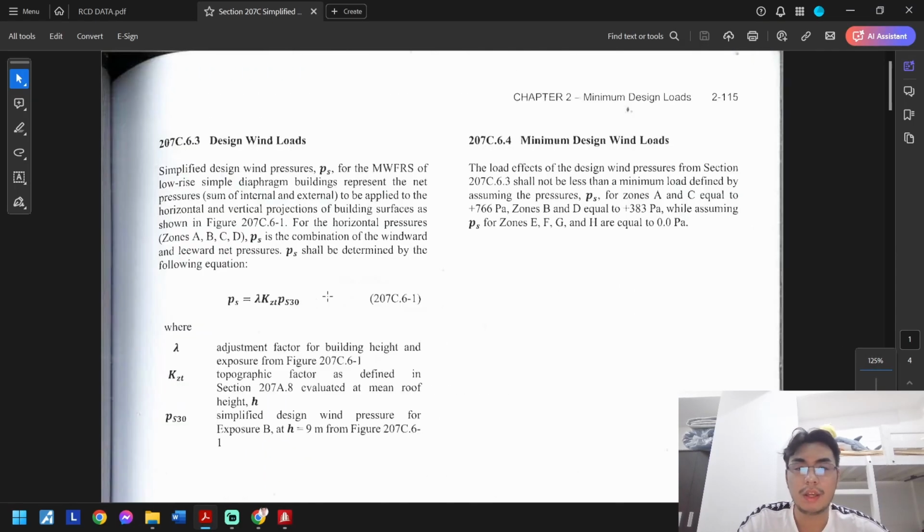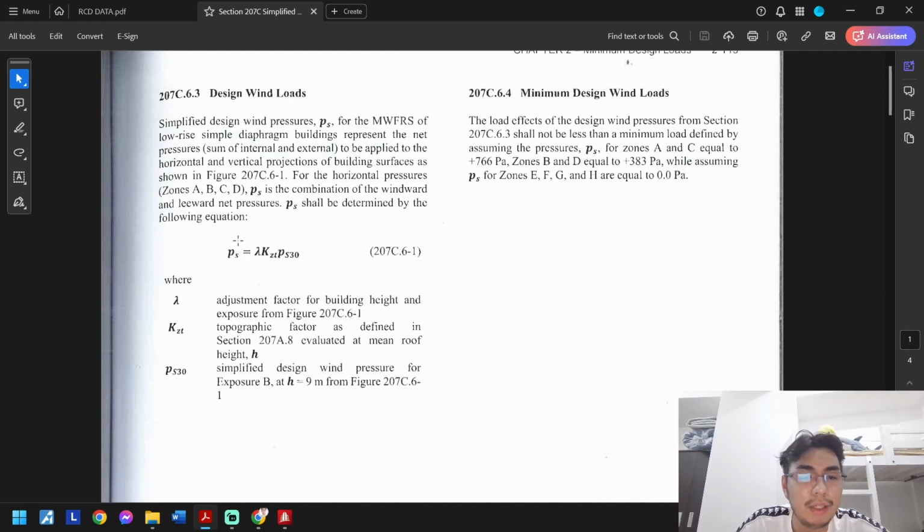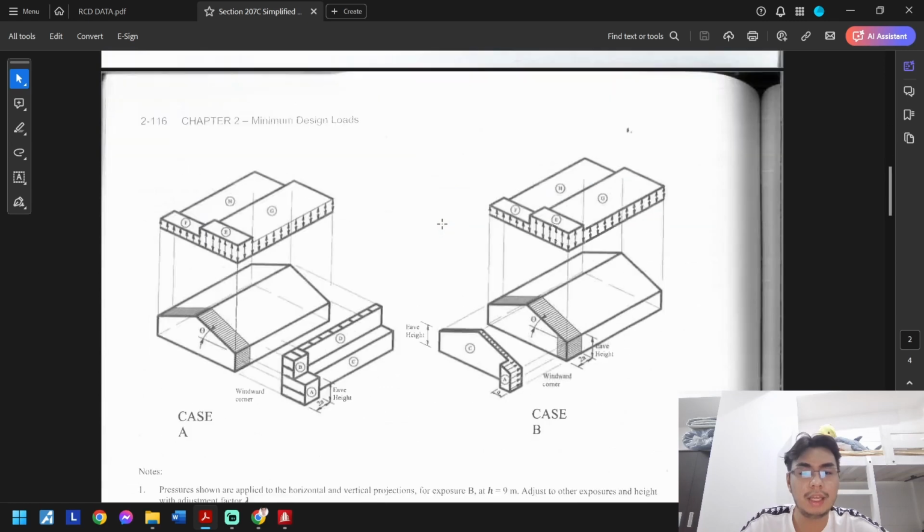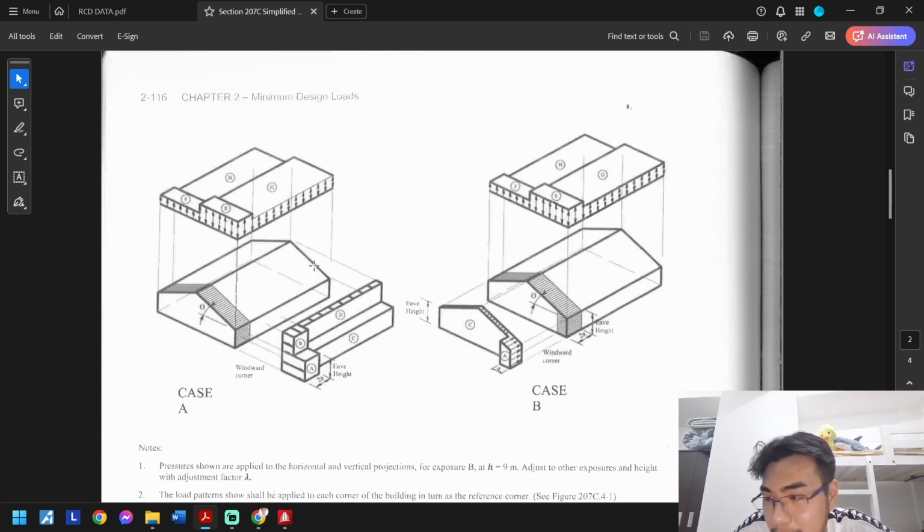For the wind loads, we have decided to use section 207C point 6.3 for this simplified design with pressure and an envelope procedure for low-rise structures, wherein here is the formula that we have used, wherein lambda is the adjustment factor, KZT is the topographic factor, and PS30 is the simplified wind pressure at exposure B. Okay, so as you can see, there is a case A and case B.